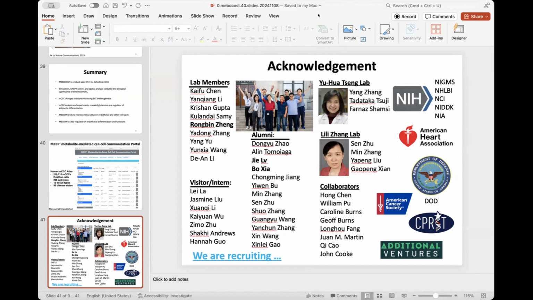So there is one question from the chat. Do you see any potential expansion or update to the portal or MEBOCOST to further support metabolism research?